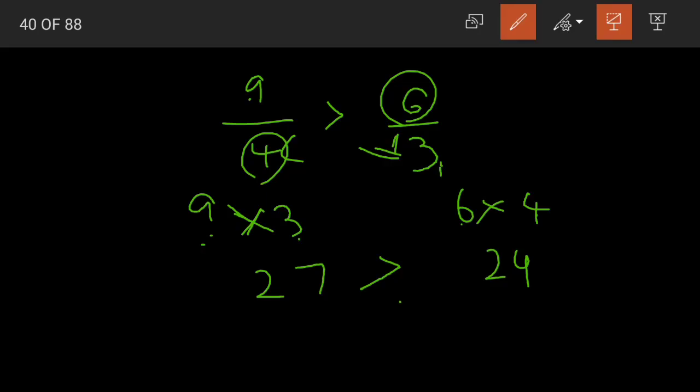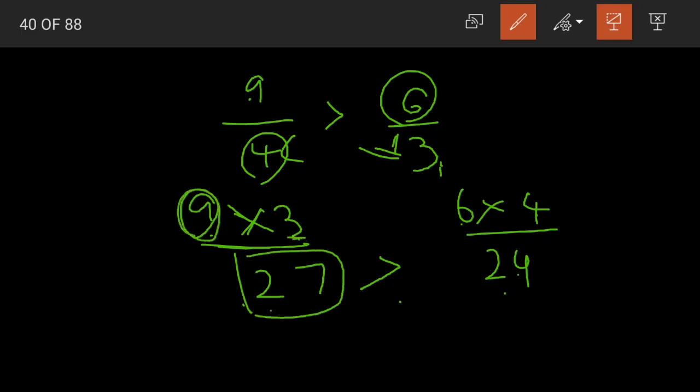Understood, children? Now if you recall about like fractions, what did we do? We compared the numerators. In the same way, now we compare the products of cross multiplication. How did we get this 27?